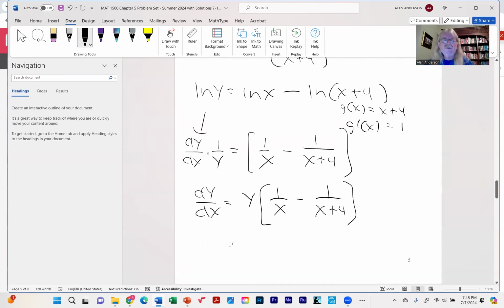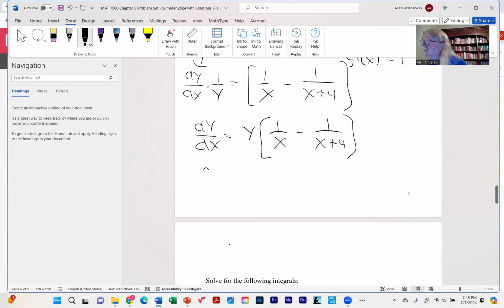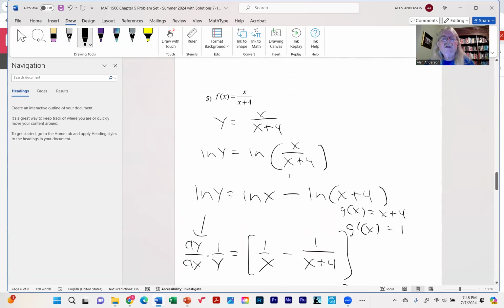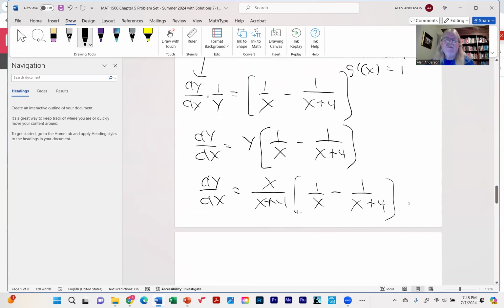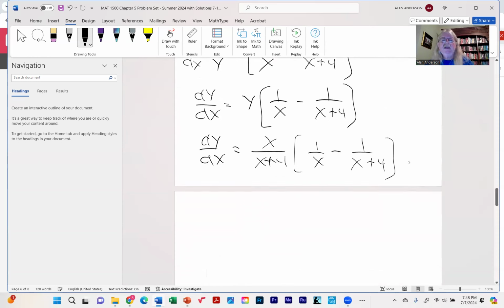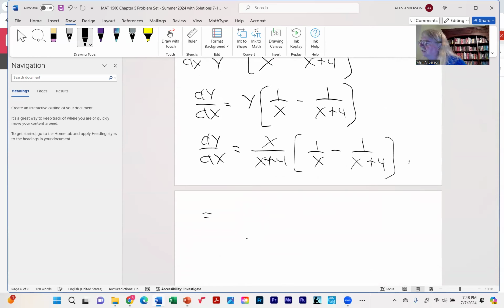And then remember, y was originally x over x plus 4. All right. I mean, if you want to multiply that, you can. And if you do that, you'll get this first term would be just simply 1 over x plus 4. The second term, be x over x plus 4 squared.